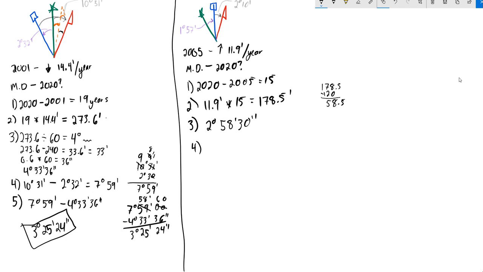I'm not subtracting this time, I'm adding. So I have 1 degree, 57 minutes, plus 2 degrees and 10 minutes. So this equals 4 degrees and 7 minutes.